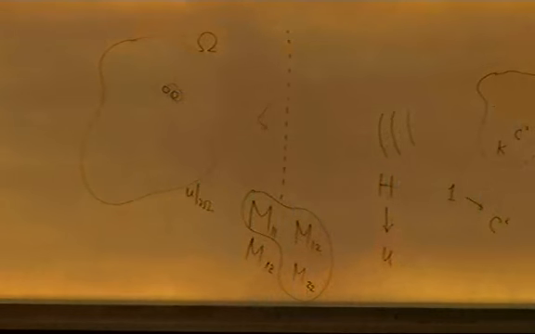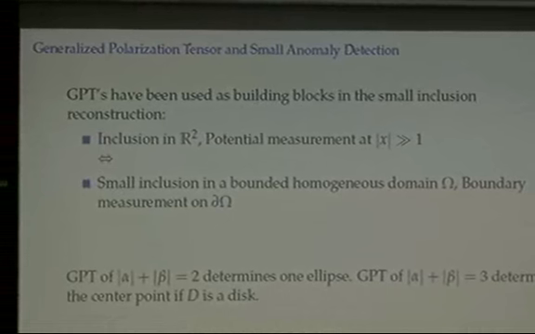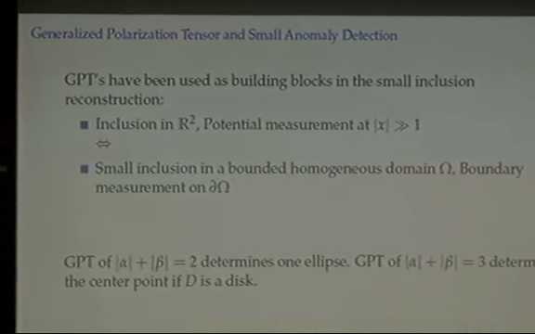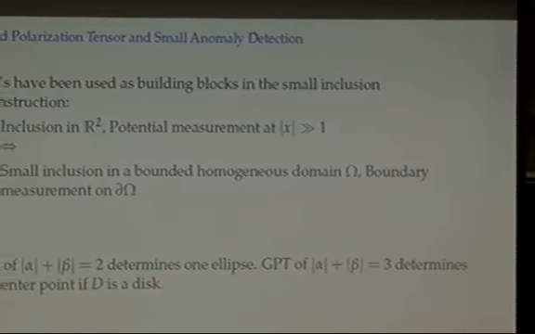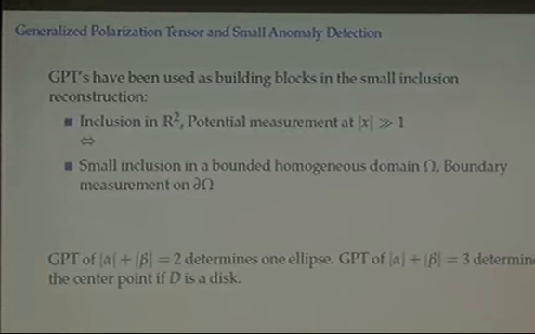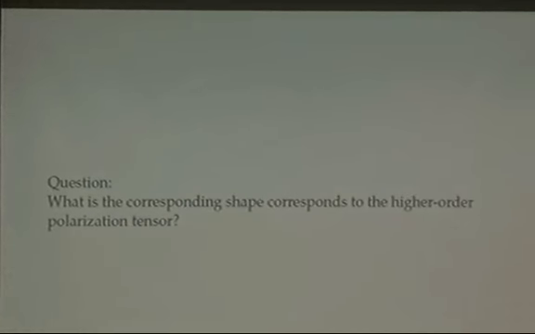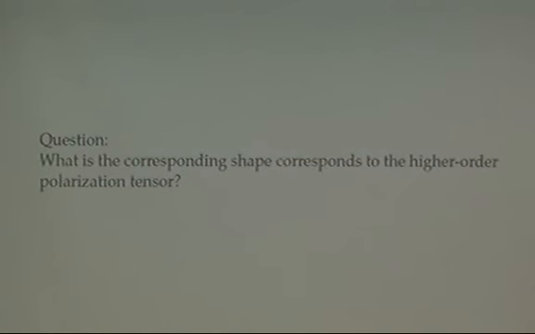There were works to get the shape and the location from this first order generalized tensor. So my question is, what about the case where we have the higher order polarization tensors as well?